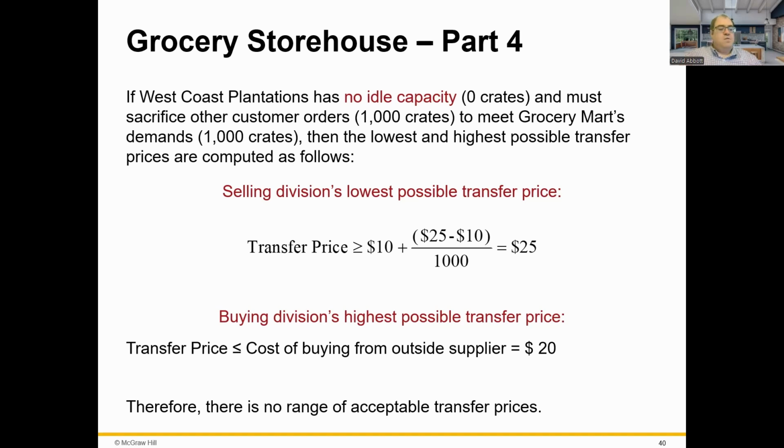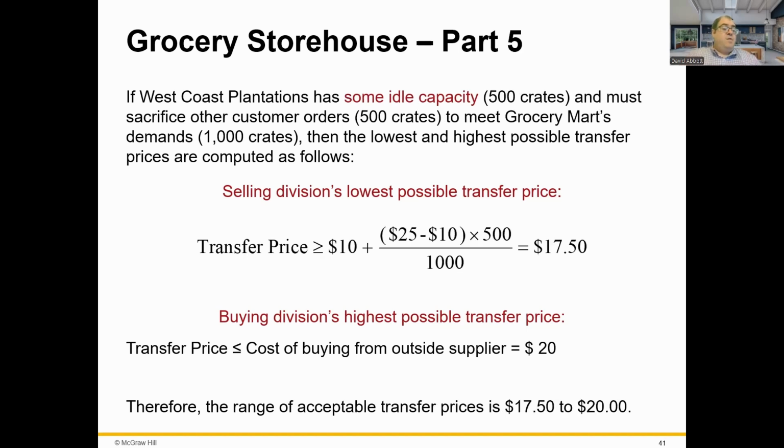Therefore, there is no range of acceptable transfer prices. This is a desirable outcome for Grocery Storehouse because it would be illogical to give up sales of 25 to save costs of 20. So then they would try to look somewhere else outside of that.